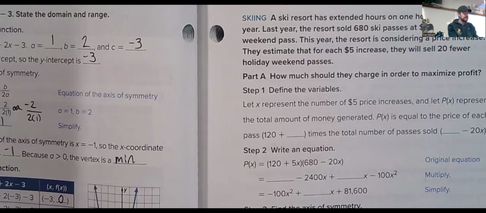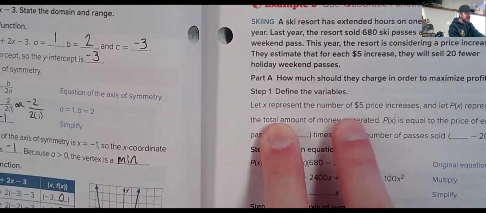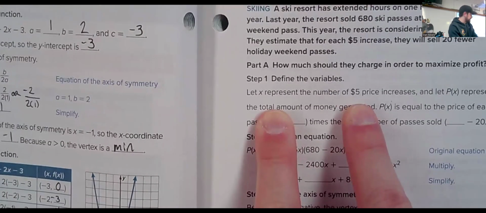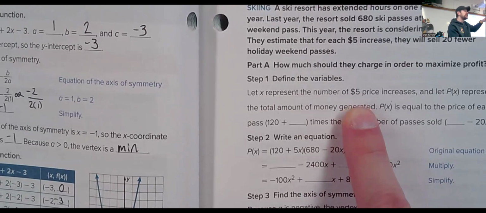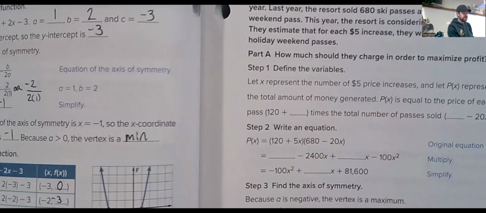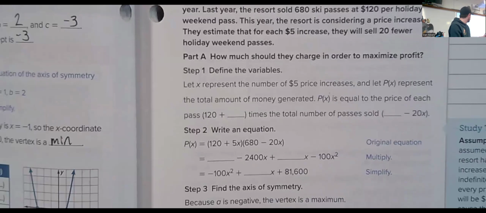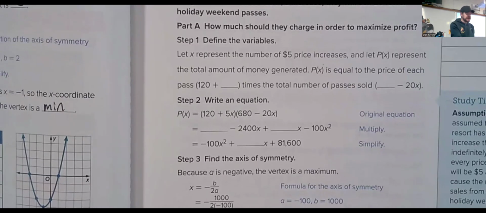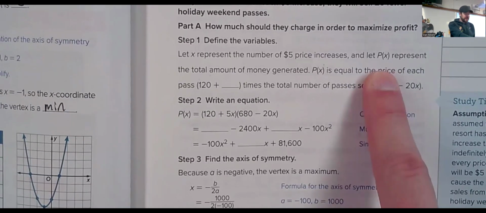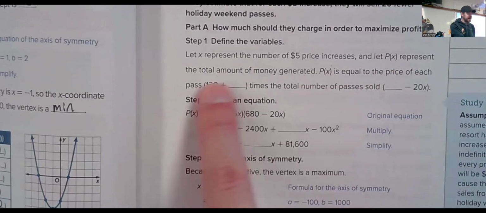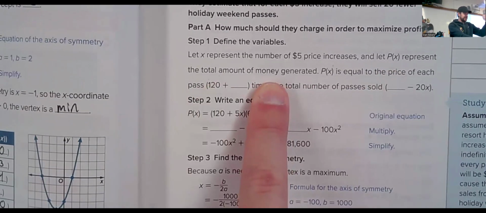So let X represent the number of $5 price increases. Okay, so every $5 increase, you would expect 20 fewer people. Let P of X, this is Y, let the Y value represent the total amount of money. So X is $5 increases, Y is total amount of money. We already worked that out with this.